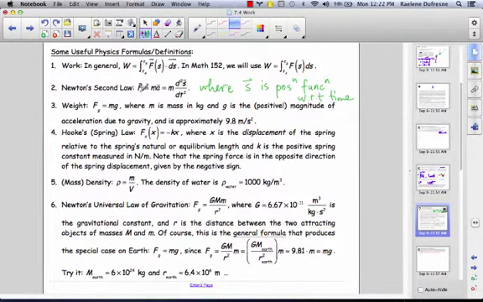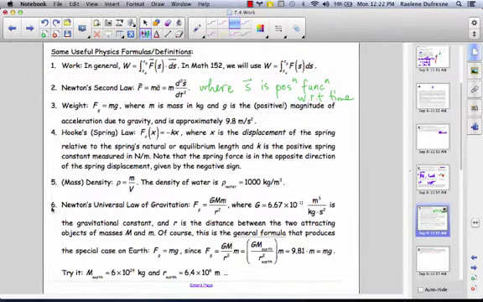Recall that weight then is a special case of Newton's second law, where we have the force acting in the same direction as the acceleration, given by mg, where g is the acceleration due to gravity, which is approximately 9.8 meters per second squared.